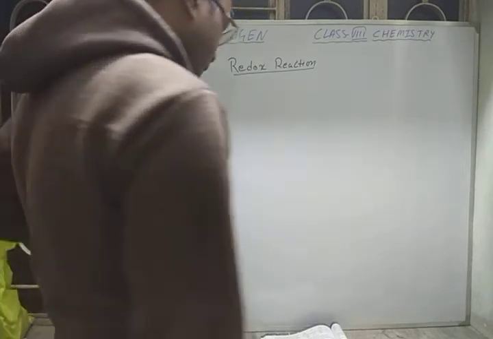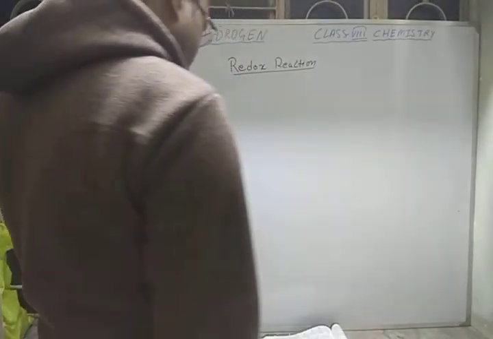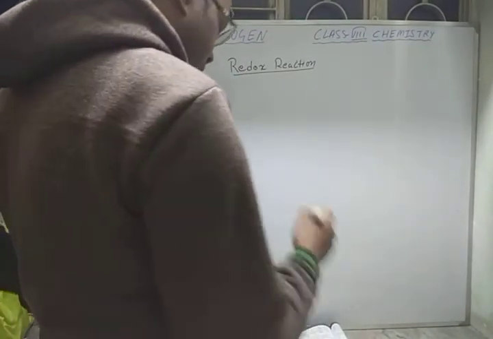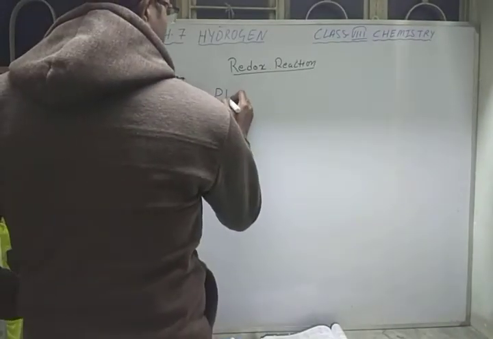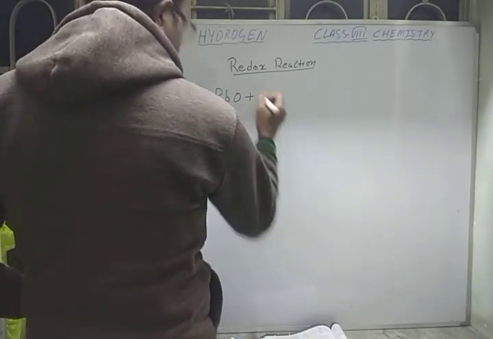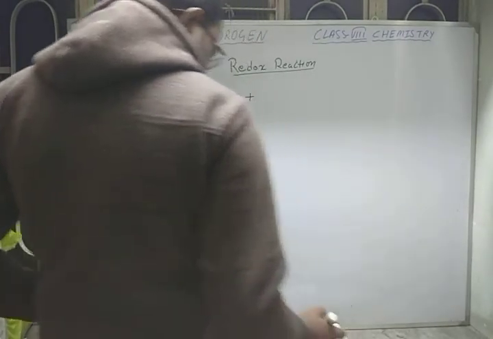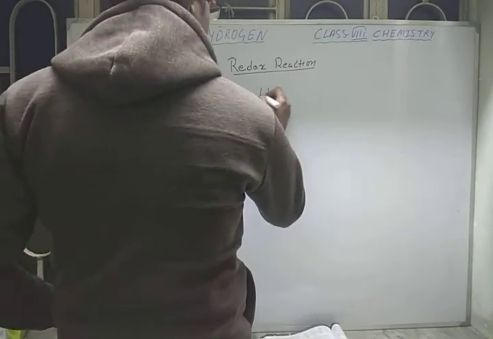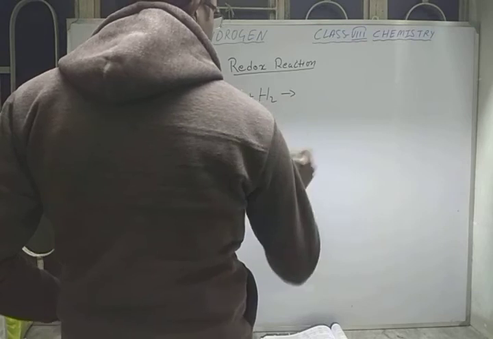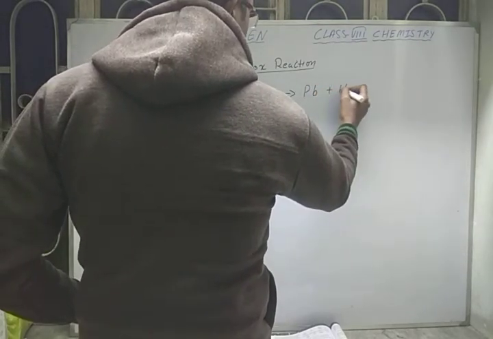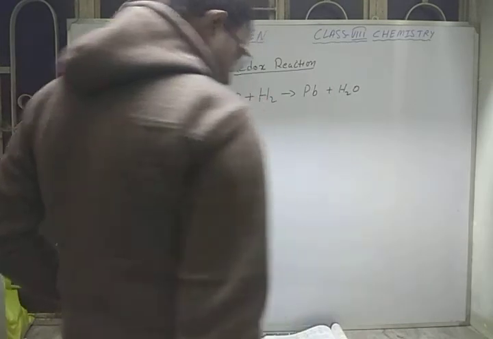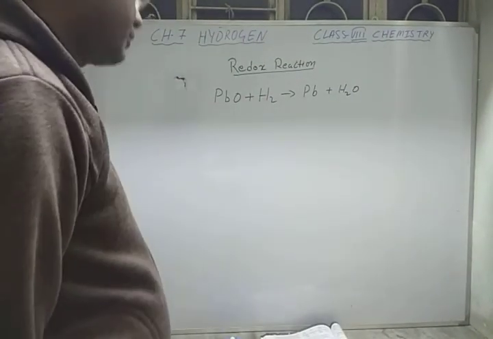First of all we will see how the redox reaction takes place. For this we will take an example. Suppose PbO plus H2 gives Pb plus H2O.